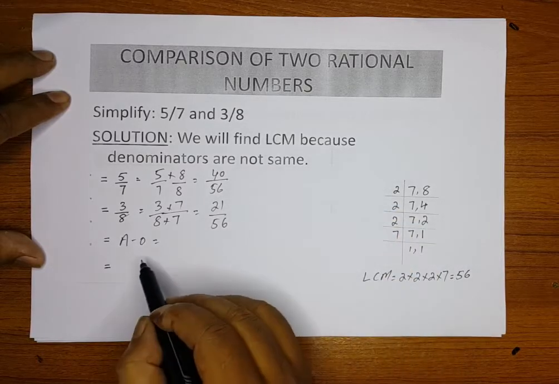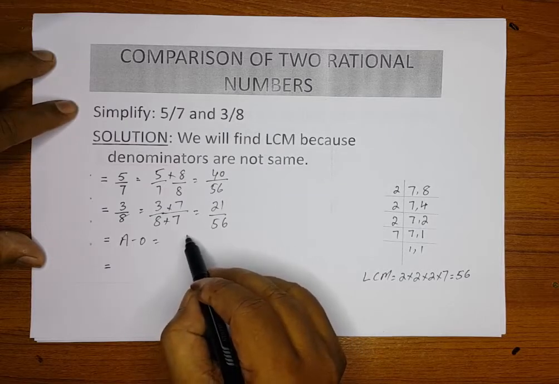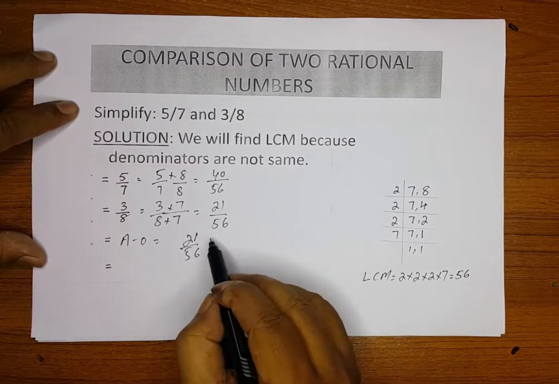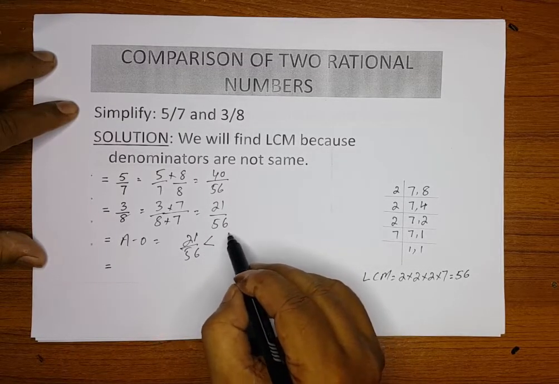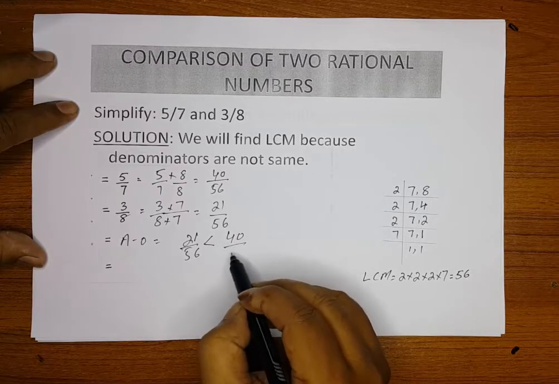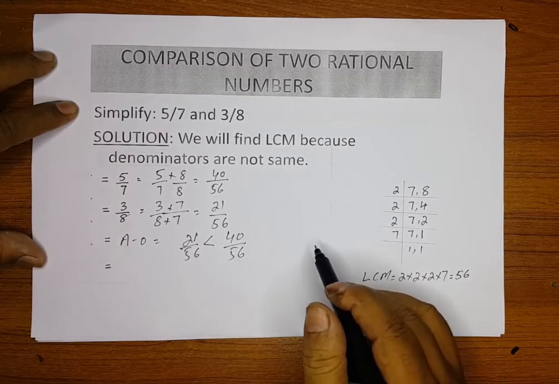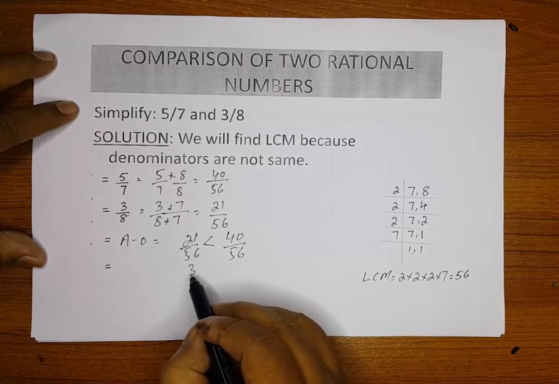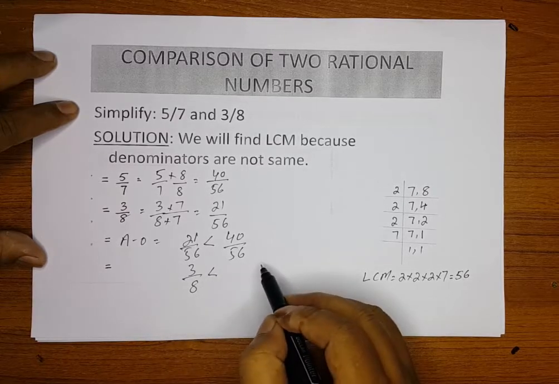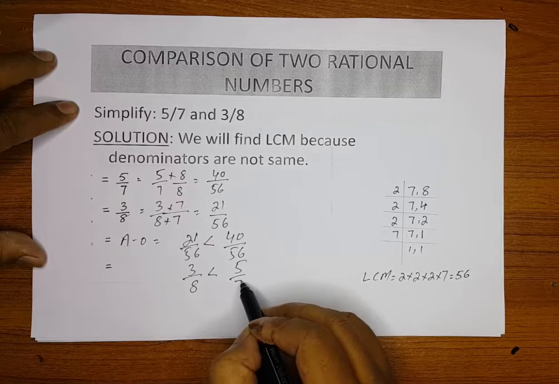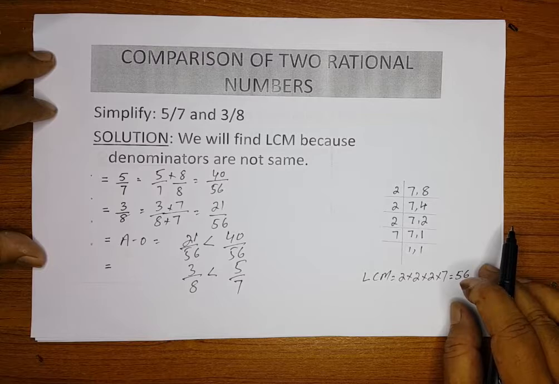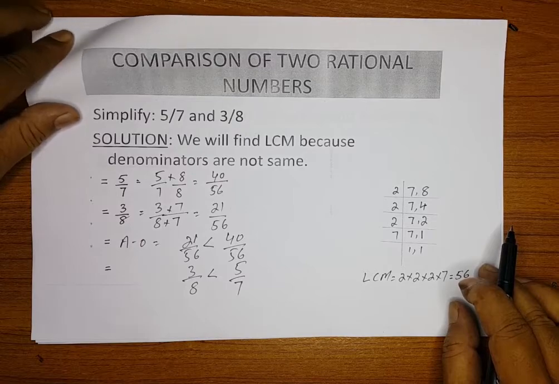So we will write here 21 upon 56 less than 40 upon 56. And students, in terms of the original rational numbers, 3 upon 8 is less than 5 upon 7. So students, in this way we can arrange these numbers and tell which number is greater and which is smaller.